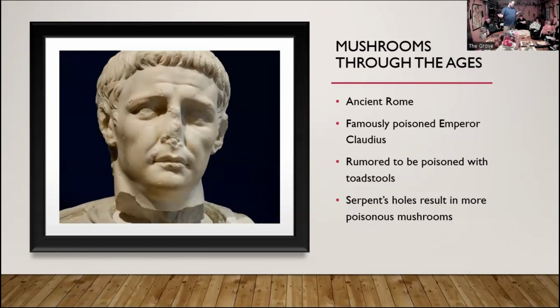They believed that mushrooms grown by serpent holes, and the serpent was considered to be evil and dangerous, one that must be feared, were more poisonous. And Claudius and Charles IV, the emperors, were both poisoned.